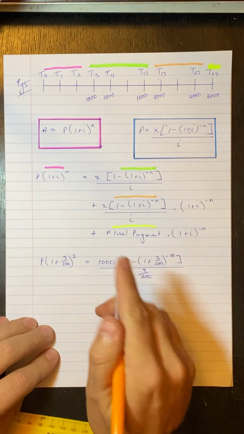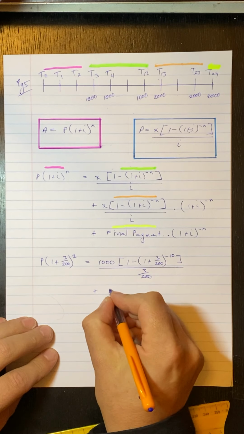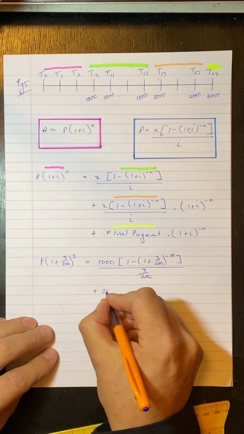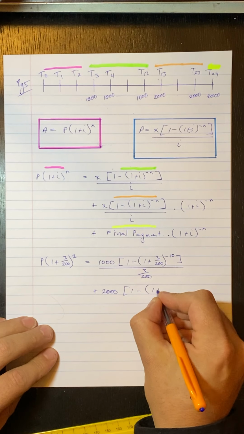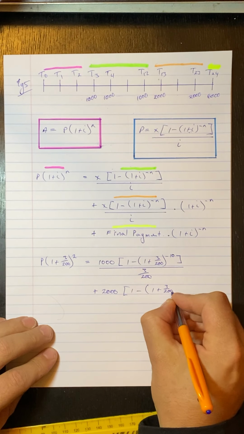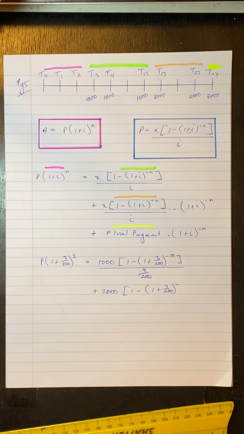Right, now we're going on to the orange bit, plus 2,000, 1 minus 1 plus 3 over 200 to the power of minus. Now, this is where we need to work out what our N is.